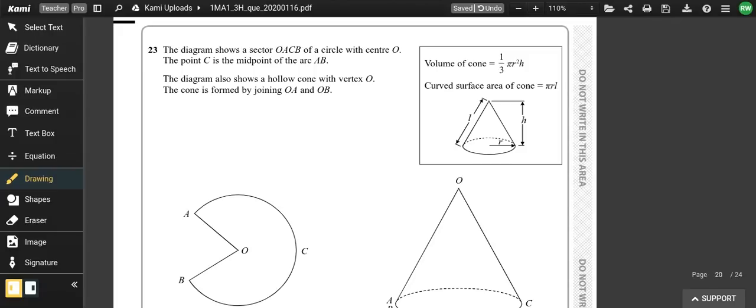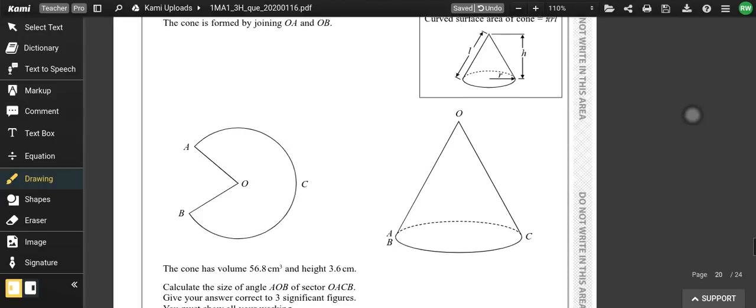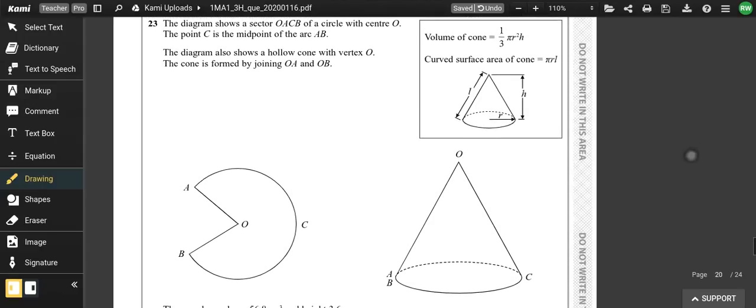Question 23, we have a sector OACB and it's folded up to make a hollow cone. Okay, so the cone has volume of that and a height. So that'll allow us to work out the radius. Let's do volume is a third pi r squared h.